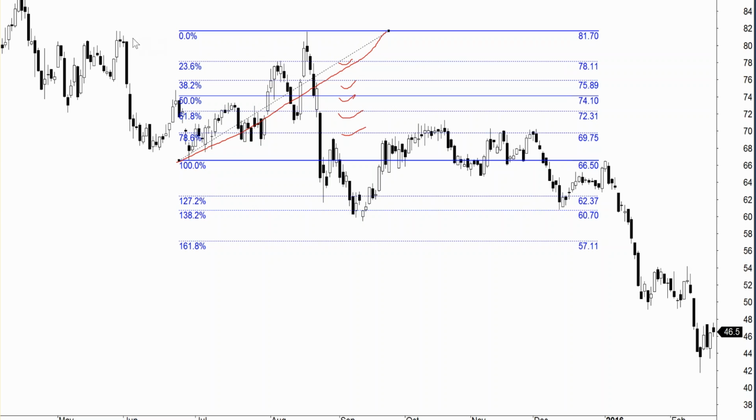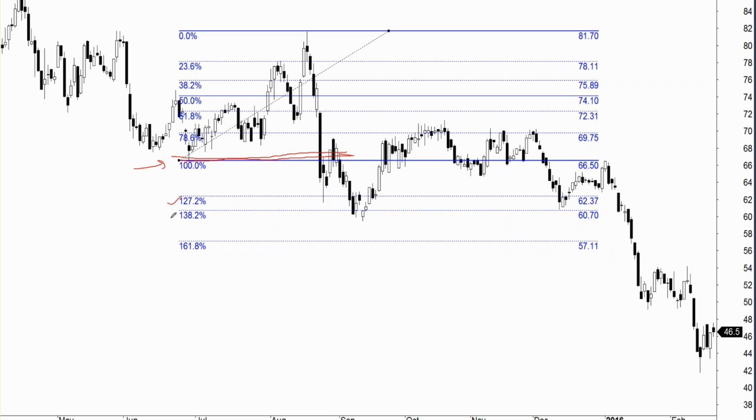Instead, it crosses beyond the 100% level. That is the initial Fibonacci level that we have chosen for drawing this Fibonacci retracement, and somehow it breaks it. Now we have to determine where the price will stop beyond this swing.